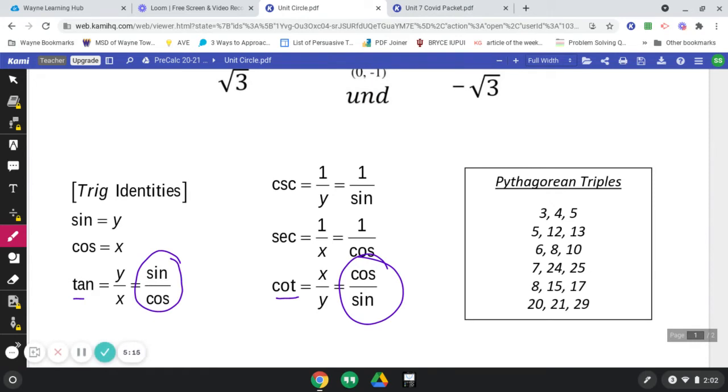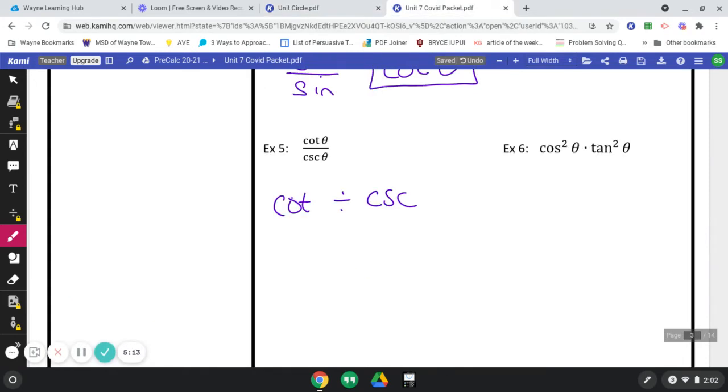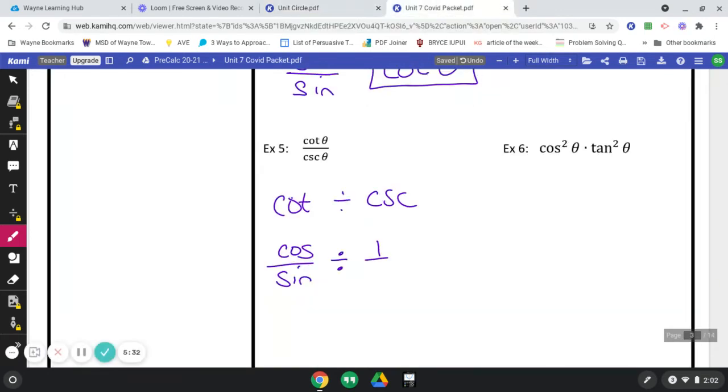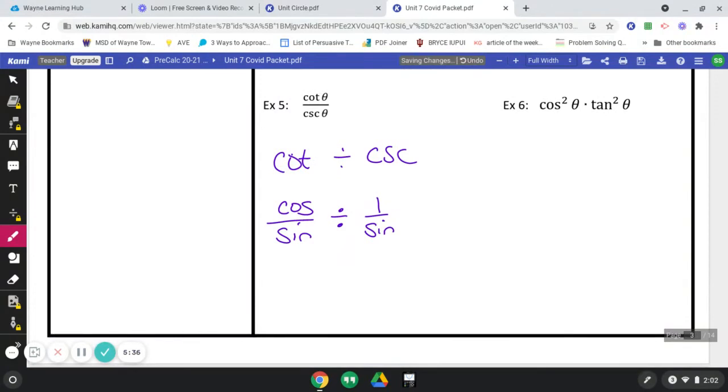Cotangent, cosine over sine. Cosecant, 1 over sine. And then when we divide, remember you flip the second fraction and multiply.